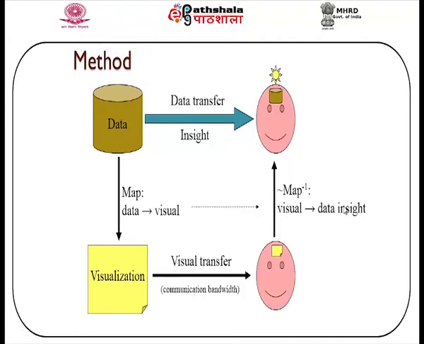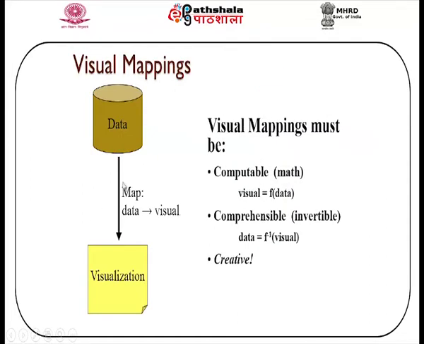So as I said, in the visualization process, the data is mapped onto a visual structure. These mappings are called visual mappings, and they are supposed to be computable in nature. That is, they are mathematical mappings where the visual is represented as a function of data.